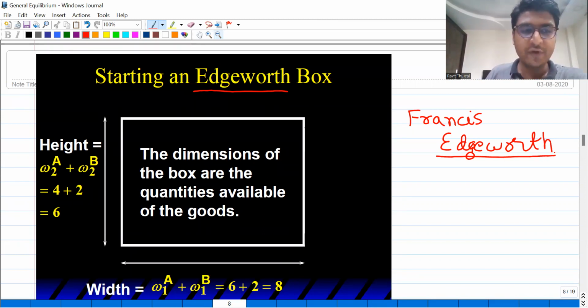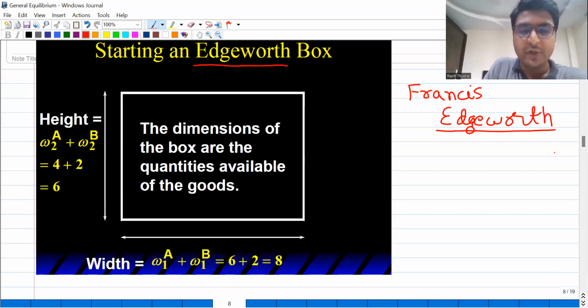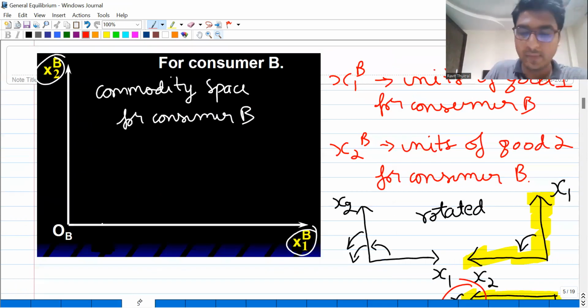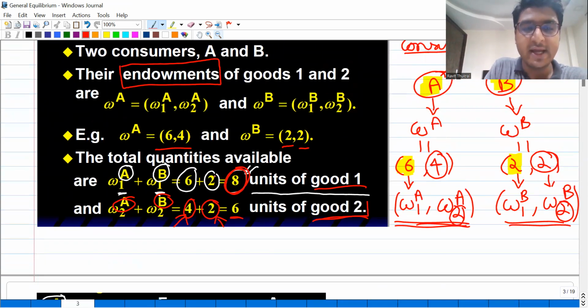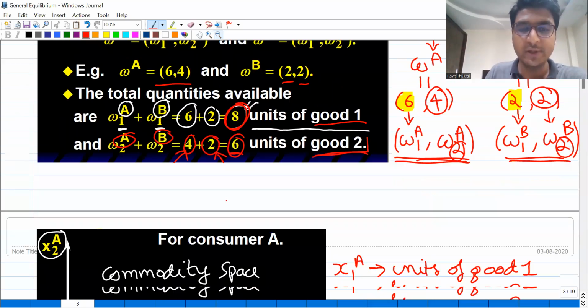Okay, so if you remember, we have total 8 units of good 1 in this economy and total 6 units of good 2 in this economy. Remember, we had 8 units of good 1 and 6 units of good 2 in this economy.